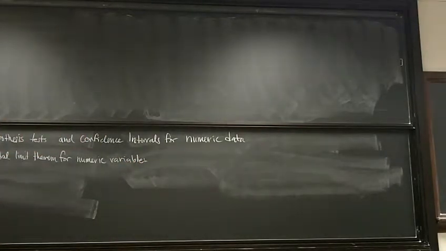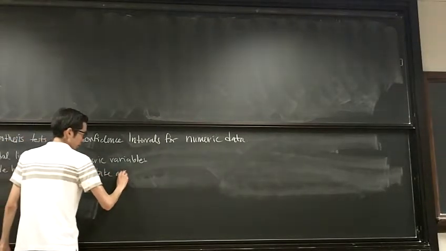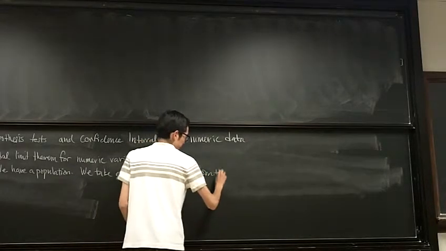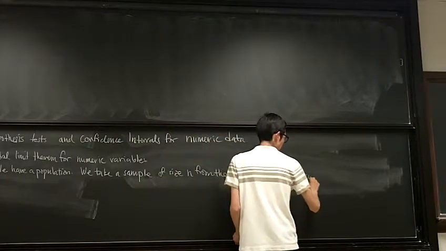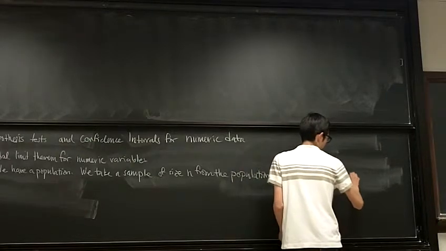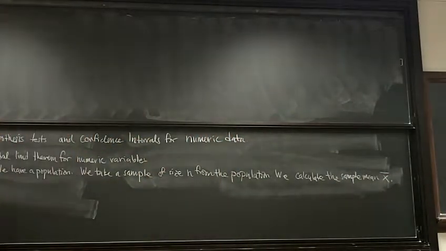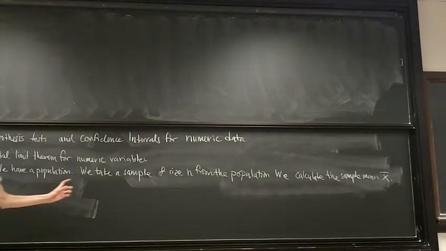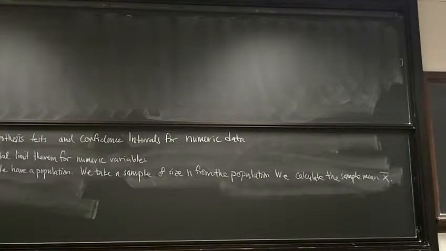And the idea is we have a population. We take a sample of size n, because we always have a sample size, and we calculate the sample mean x bar.